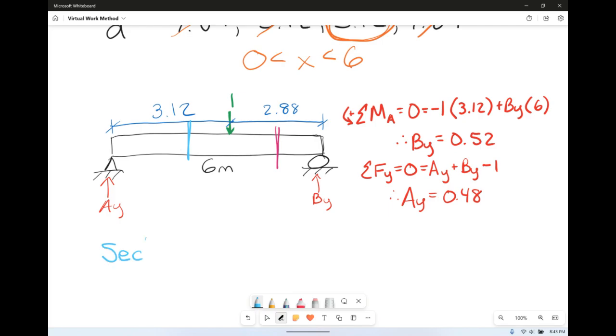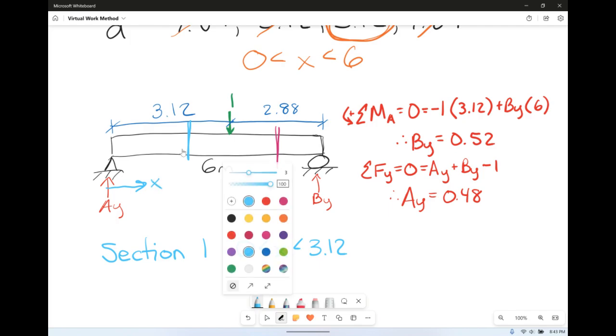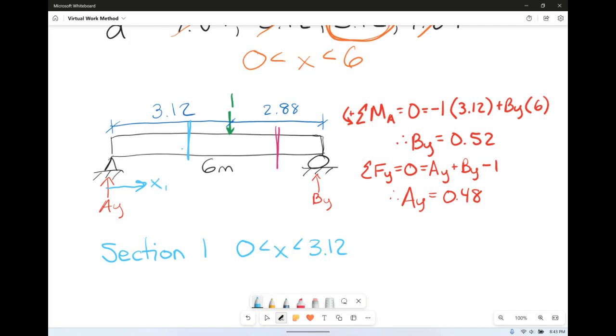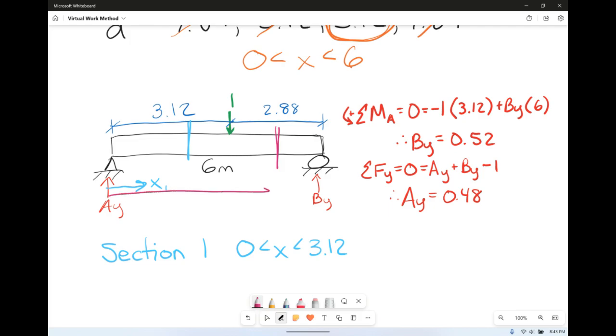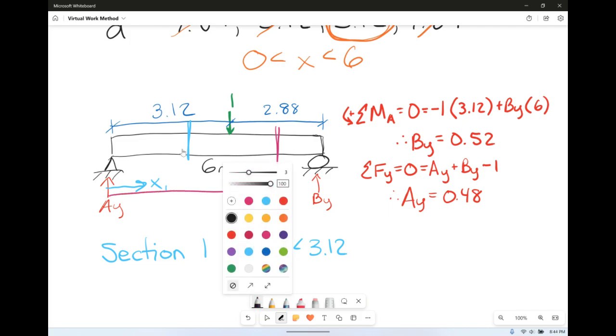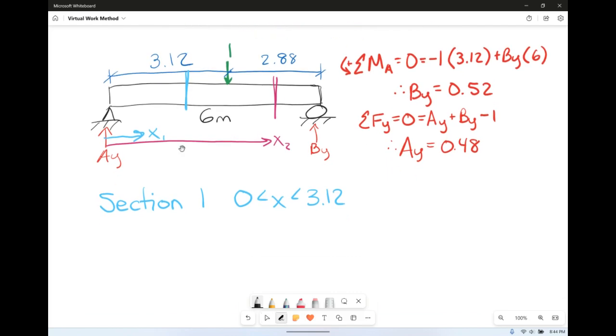So section 1 goes from 0 to x to D, which was 3.12. Right, so x1, and then our x2 is going to go out there. So let's start by drawing our beam.